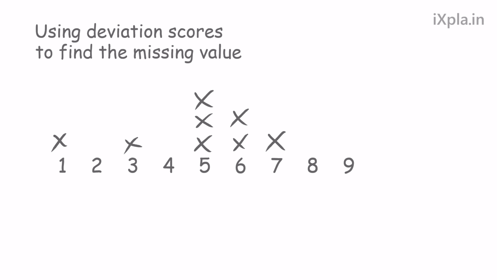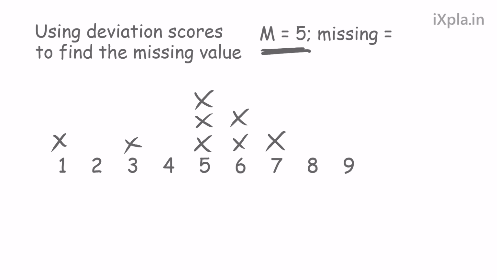What is going to be the missing score if, after the additional missing value is added, the mean of all the scores is going to be 5? Pause the video right now and try to figure this out using the deviation score method.